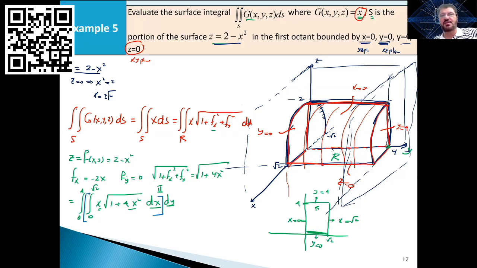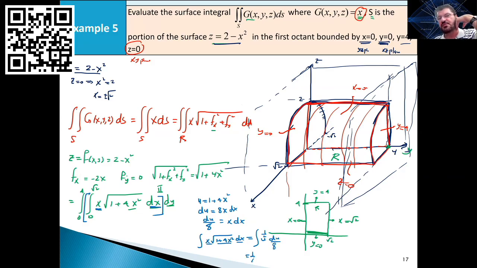Alrighty. How do you integrate this one, by the way? You let u equal 1 plus 4x squared. So du is 8x dx. In the question, what do I have? I have x dx. Divide by 8, so du over 8 is equal to x dx. That means the integration of x times the square root of 1 plus 4x squared dx is equal to, I call this one u, so this is u to the half, and x dx is du over 8.